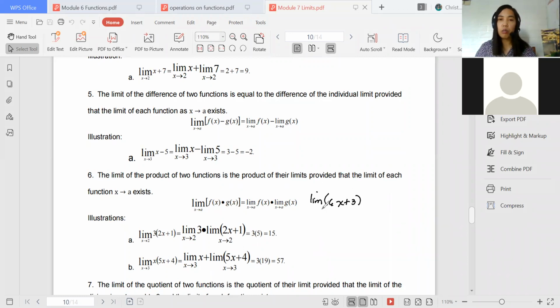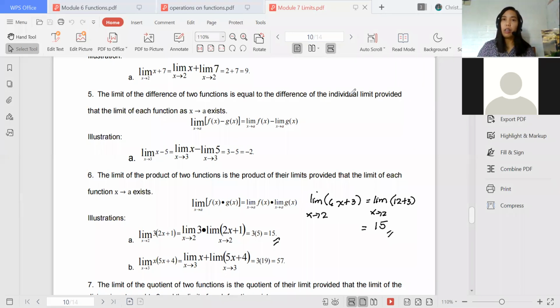The limit of 6x plus 3 as x approaches 2. So we'll just substitute the limit of 6 times 2, it's 12 plus 3 as x approaches 2. Therefore, the limit is 12 plus 3, 15. I-simplify na lang muna yung given function and then before you substitute.